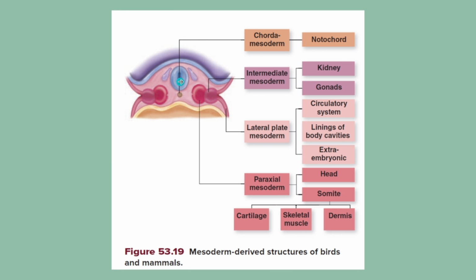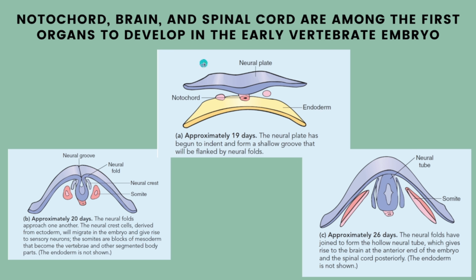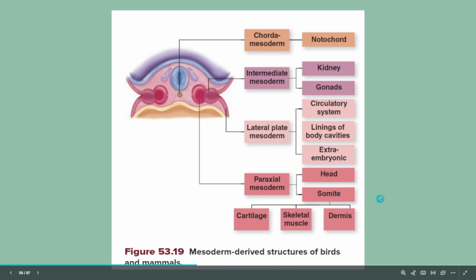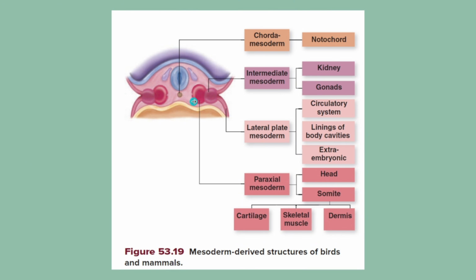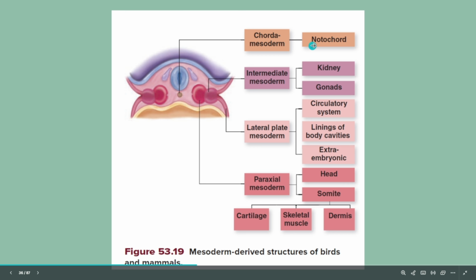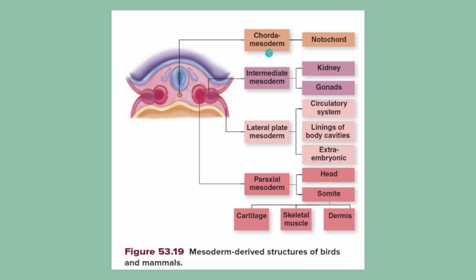You can see here this one is the neural tube, right? The mesoderm differentiates into 4 major layers: chorda mesoderm, intermediate mesoderm, lateral mesoderm, and paraxial mesoderm. Different parts form different organs. The chorda mesoderm forms the notochord.